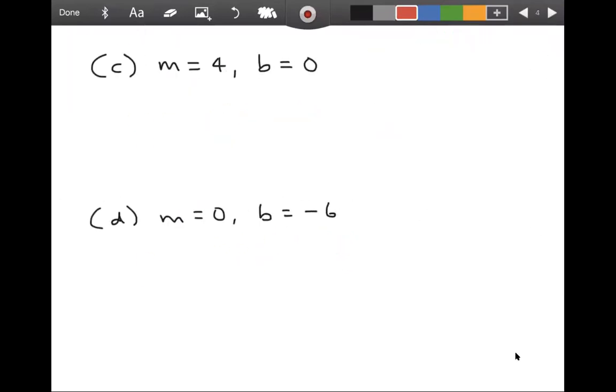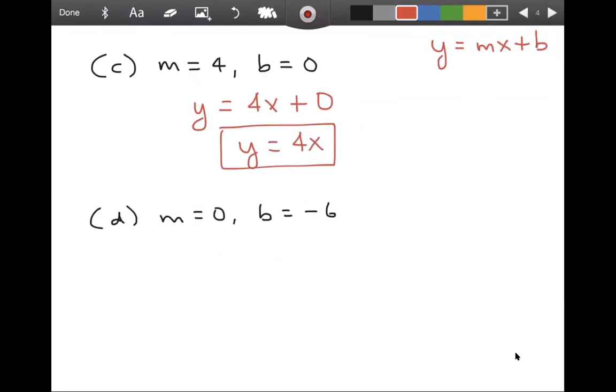The only way I can think of to make it even slightly tricky is to make one of the numbers 0. But even that's not tricky. So again, y equals mx plus b. If m is 4 and b is 0, then this becomes y equals 4x plus 0, which we can just write as y equals 4x.